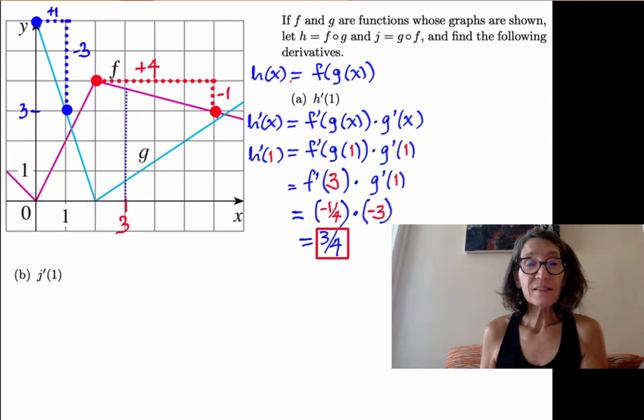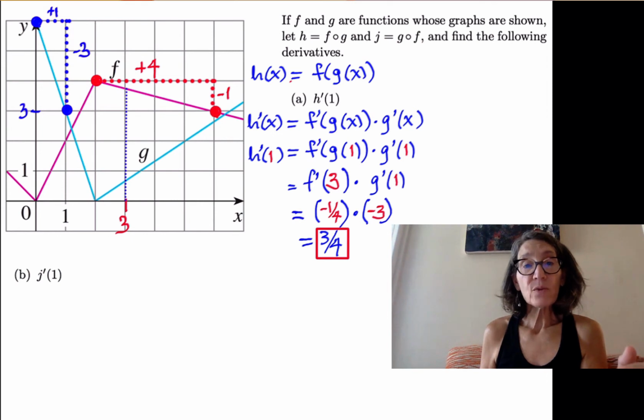All right, so now I want you to do the same thing with J prime of 1. First write down what J of X looks like.